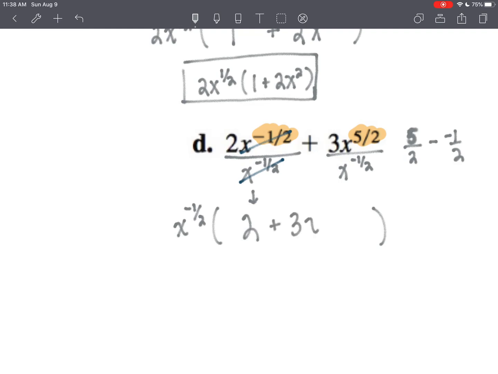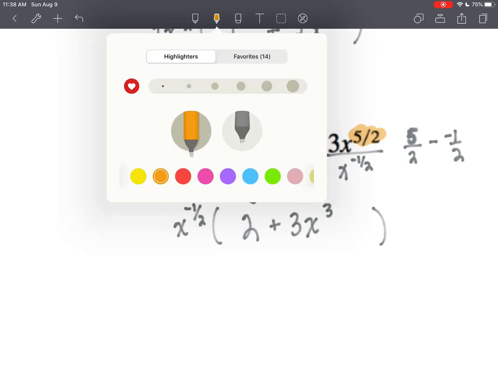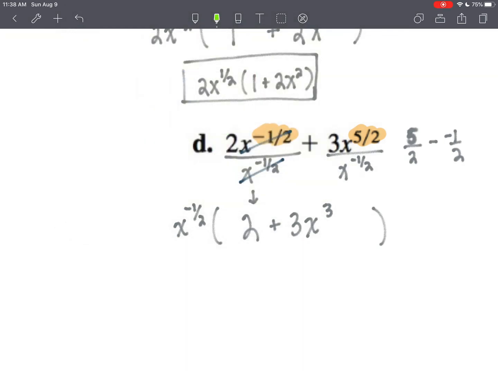So 3x cubed. Now, it might be a little odd here, so I'm going to go back and just highlight this for you. This 3 is where this 3 is coming from.